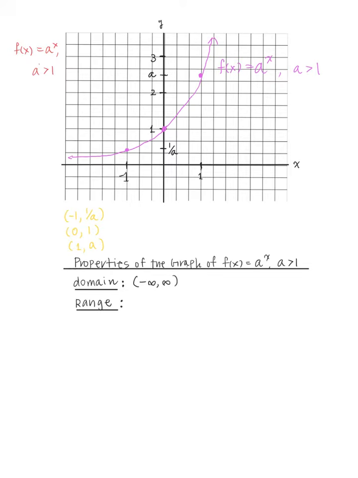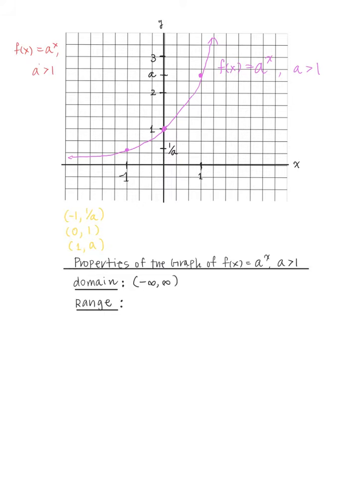Now let's go with the range. Range is the set of y values where the function is defined. To find the range given a graph, you need to look at the graph from bottom upward. So you need to determine where my graph starts along the y-axis. Remember the left tail end of the graph?